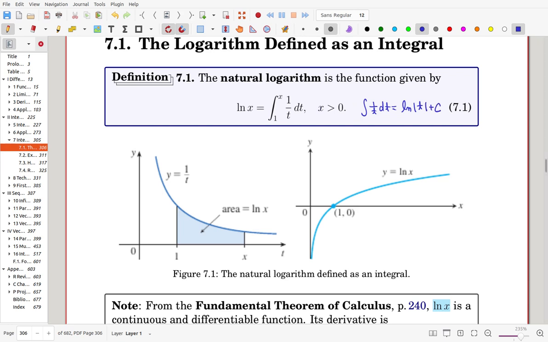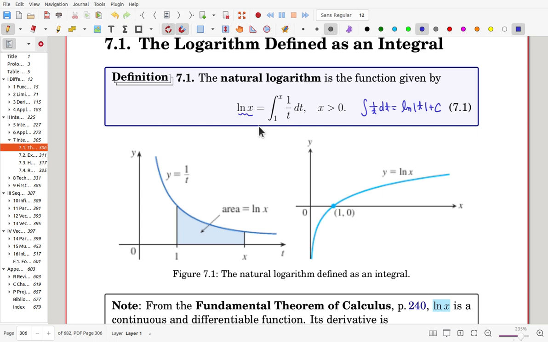If we evaluate the term from 1 to x, then you can get logarithm x for positive x. We may consider this equation as another definition of logarithm x.